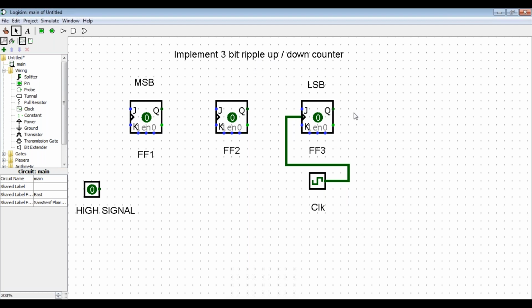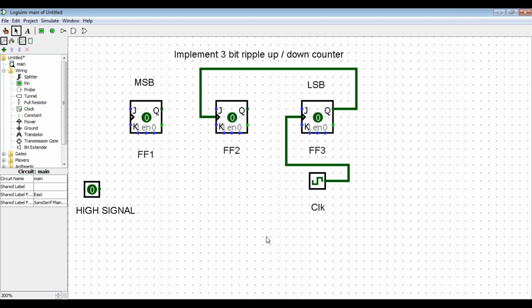Next, what do we want to do? Take the third flip-flop output and give this output as an input to your second flip-flop clock.